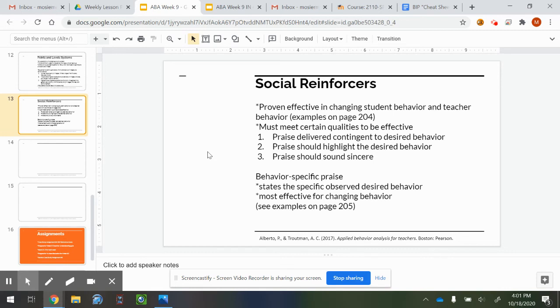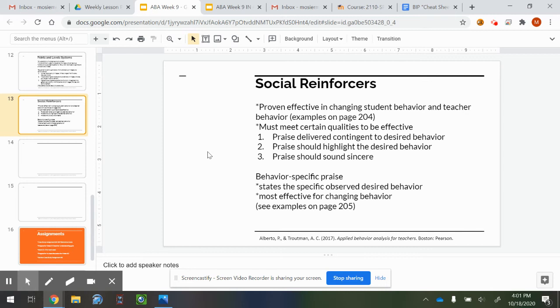Behavior specific praise states the most specific observed desired behavior, and it's most effective when changing behavior. So if you look on the bottom of your text on page 205, it gives some examples of providing behavior specific praise versus general praise.